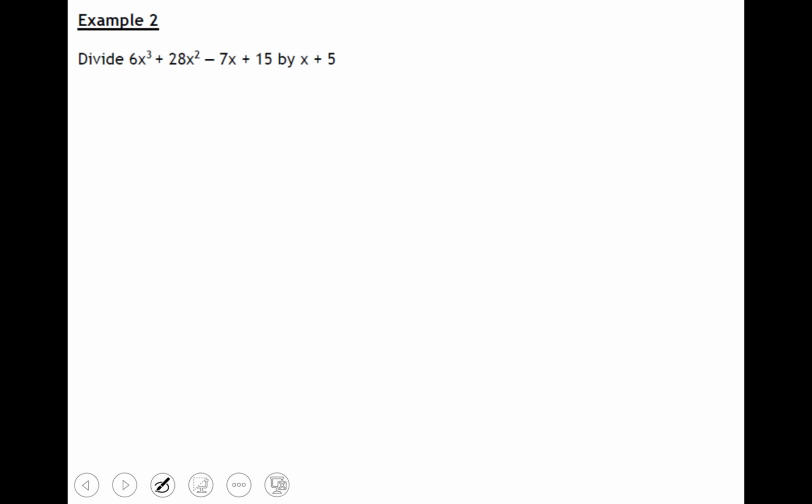A second example. We're dividing 6x cubed plus 28x squared minus 7x plus 15 by x plus 5. So same setup.